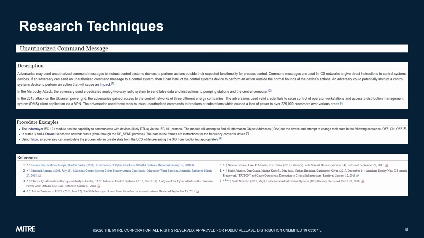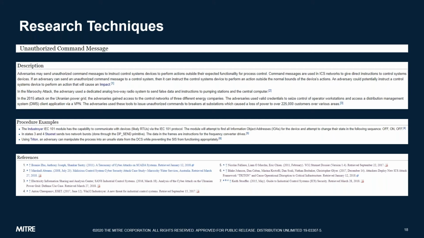So another thing that's very important to think about is that these techniques are not just titles. Unauthorized command message has a lot of description behind it about what it actually means in terms of ICS protocols, how it's been used in the past.